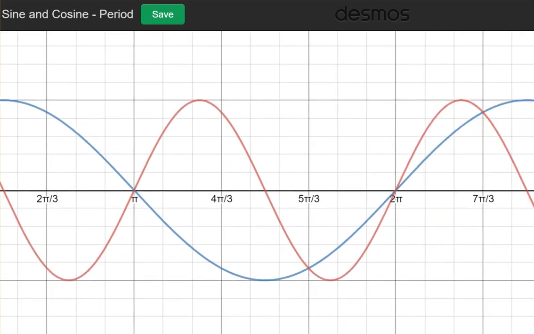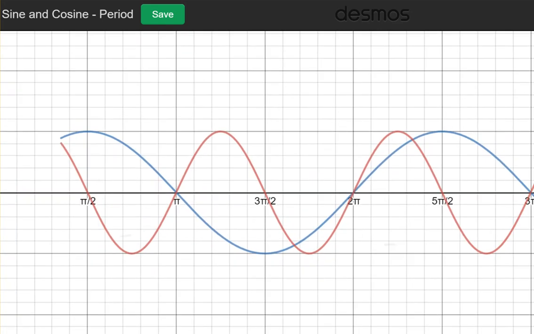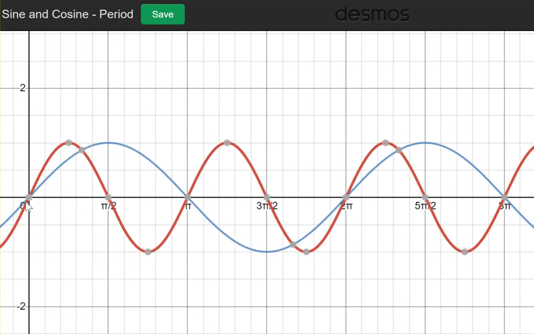If we go over here, the same thing happens. So every pi units, you can zoom it out all the way. There are 2 full sine waves before that 2 pi, and it keeps going, but it's happening a lot faster.